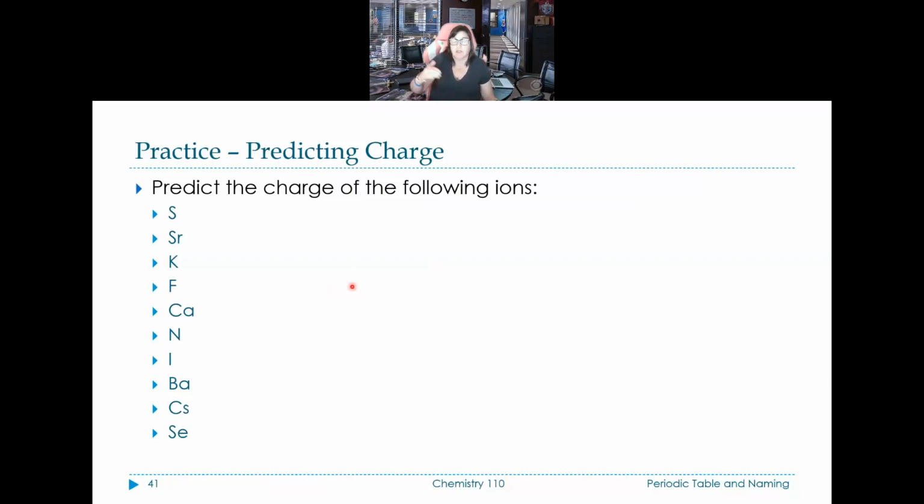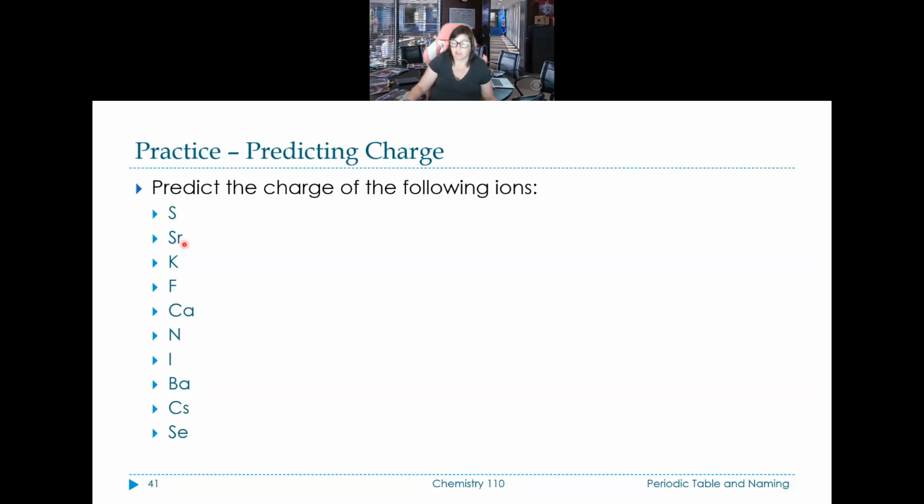I am not going to go back and refer to the periodic table the way that I've been doing, but I am going to expect that you can look at a periodic table and see what I'm talking about. All right. So when we do this, S is going to gain 2 electrons to become like the nearest noble gas, so it's going to be S2-. Strontium, being an alkaline earth metal, is going to lose 2 electrons to become Sr2+.